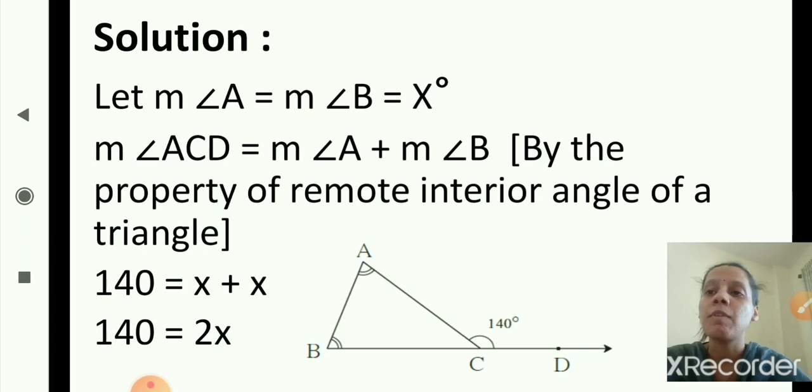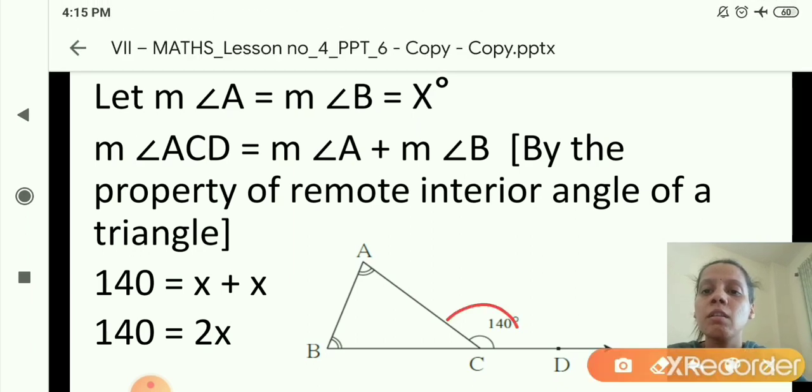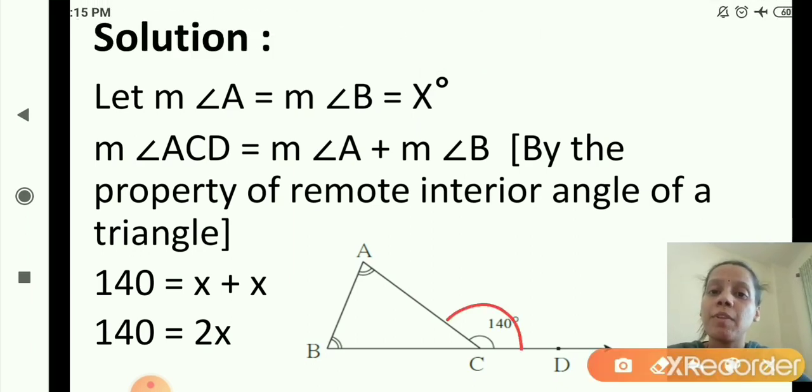And measure of angle ACD, this exterior angle, is equal to measure of angle A plus measure of angle B. We know the property of exterior angle of a triangle, that is the measure of exterior angle of a triangle is equal to the sum of its remote interior angles.